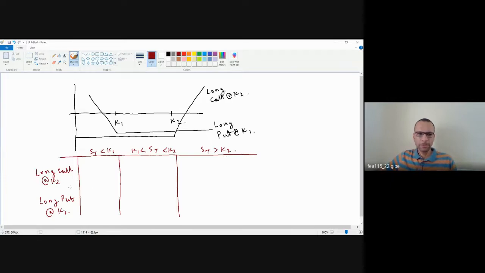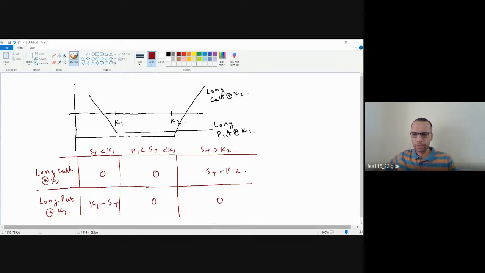Let me just fill up the chart quickly. Zero, ST minus K2, K1 minus ST, 0. Okay. Again, a strategy which is similar in ideas to the earlier one, the straddle one.